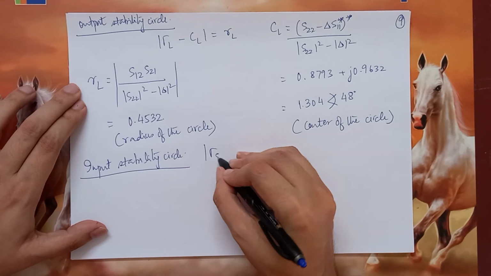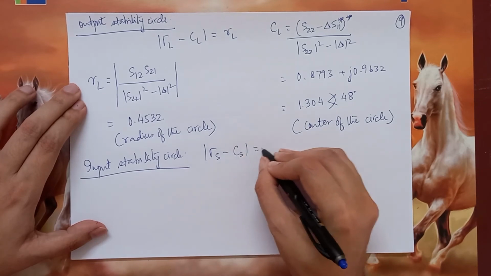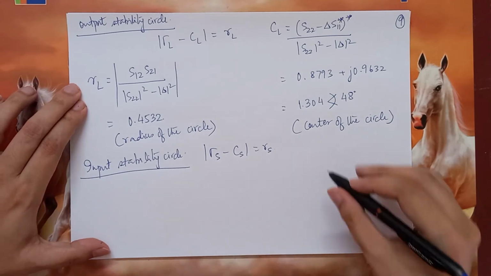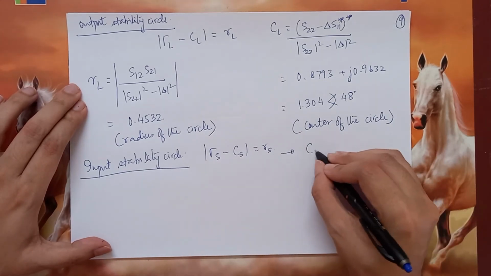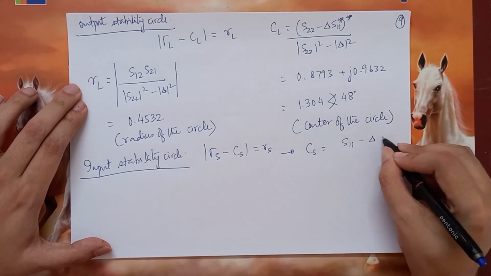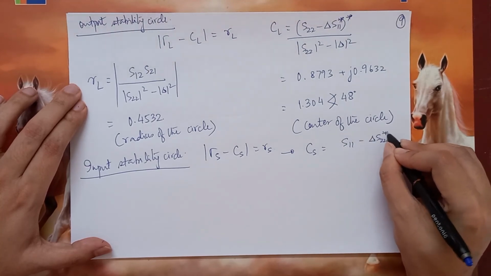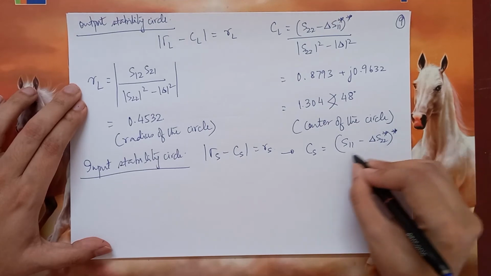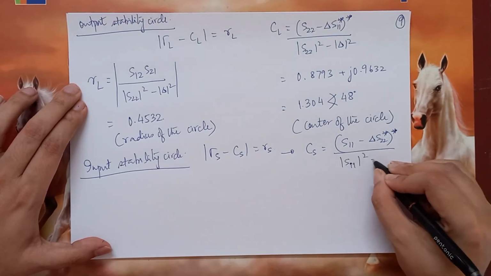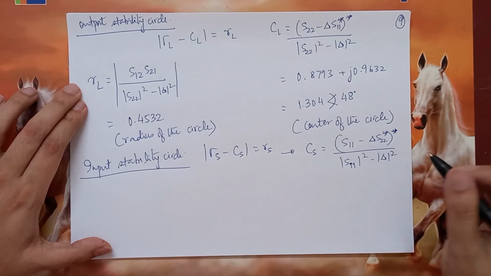Where mod of gamma S minus Cs equals Rs. So what I see is that the center, now Cs, using the similar formula, is S11 minus delta times S22 conjugate, whole conjugate, divided by mod of S11 square minus mod of delta square.